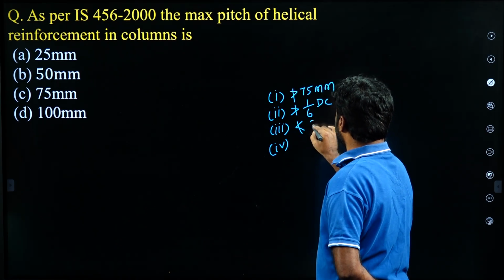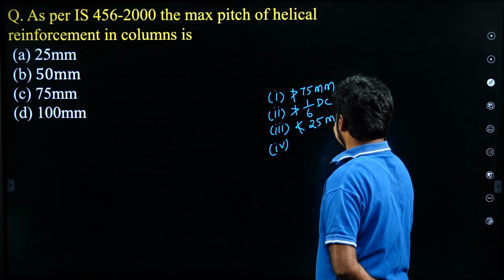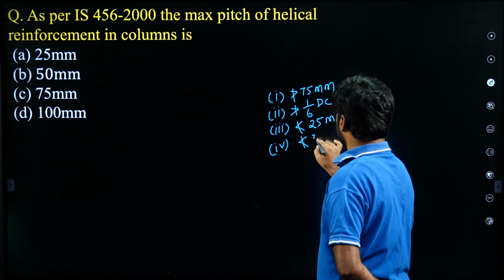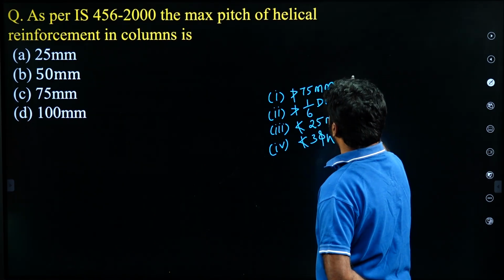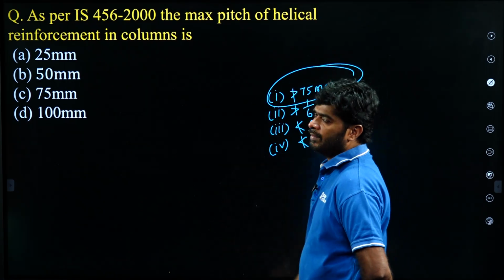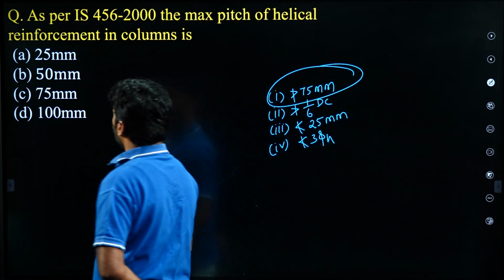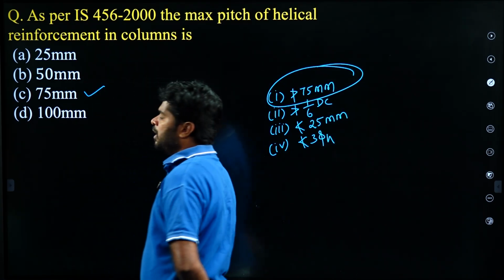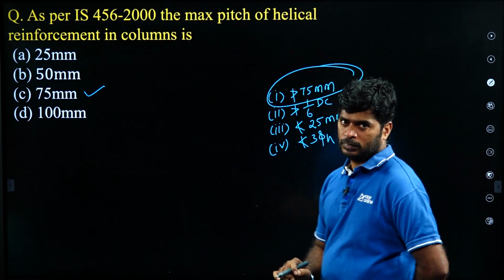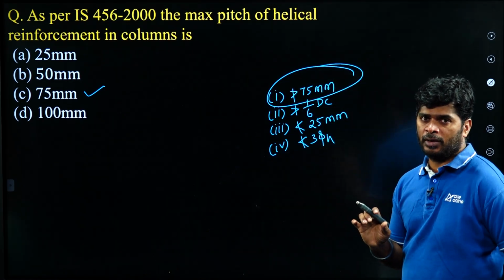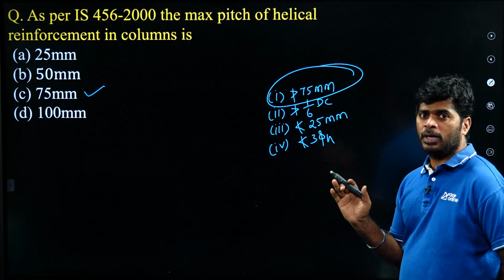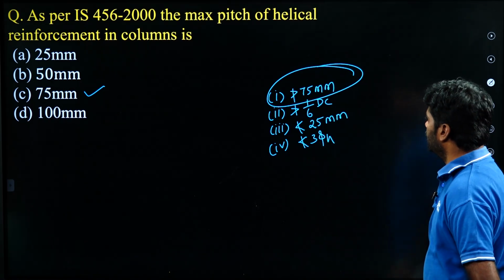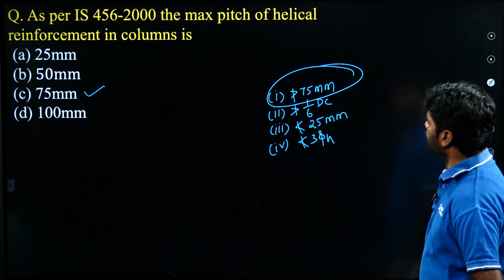It should not be less than 25 mm, and not less than 3 times the diameter of helix. So maximum how much can you provide? 75 mm. Minimum 25 mm. Pitch of helical reinforcement you can maintain: maximum 75 mm, minimum 25 mm. Okay? Right. Next question.